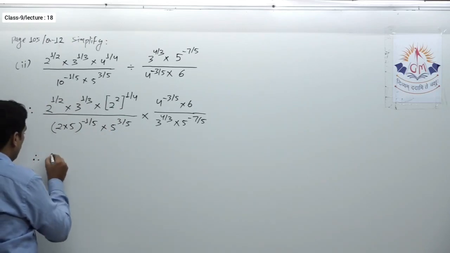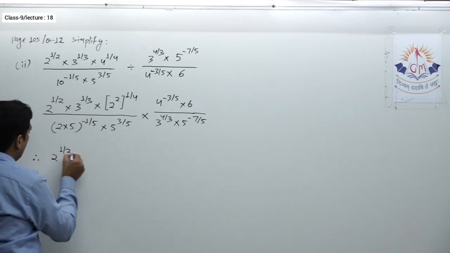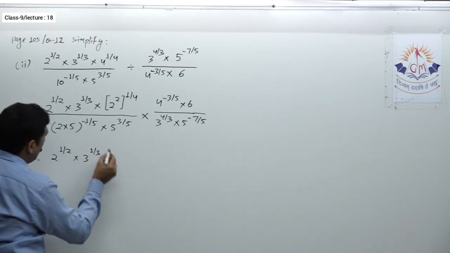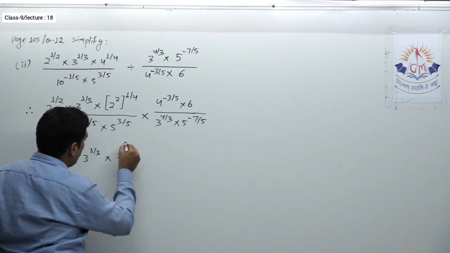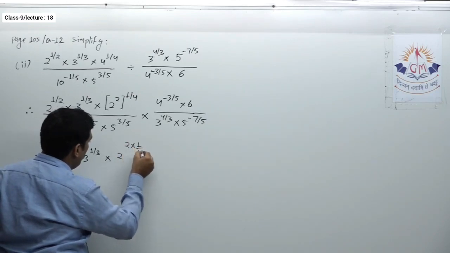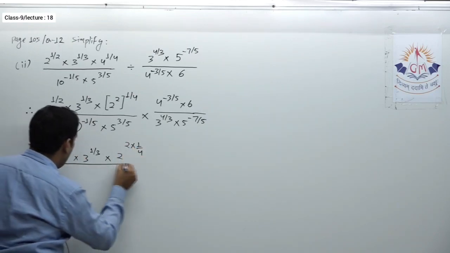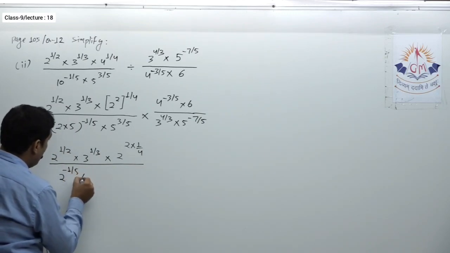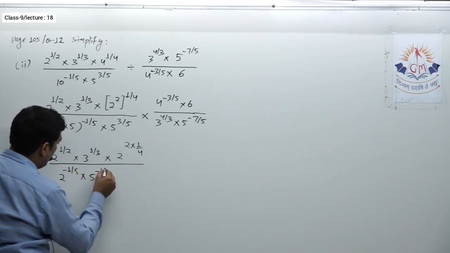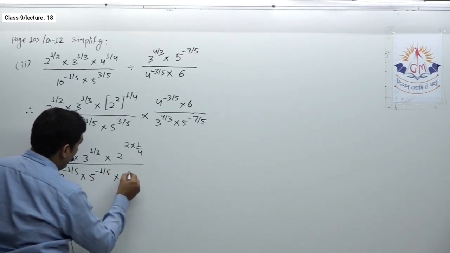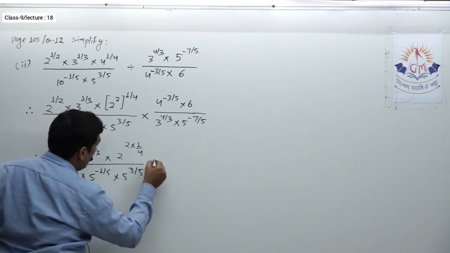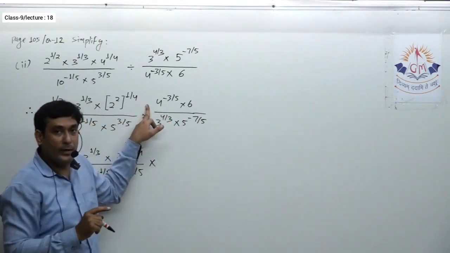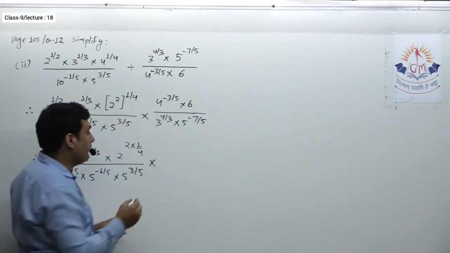Now this 2 raised to 1 by 2 remains as it is, multiplied by 3 raised to 1 by 3 remains as it is. Over here 2 raised to 2 into 1 by 4 divided by 2 raised to minus 1 by 5 into 5 raised to minus 1 by 5 into 5 raised to 3 by 5 multiplied by. Now over here this is 4, so again I can write it in the form of 2.